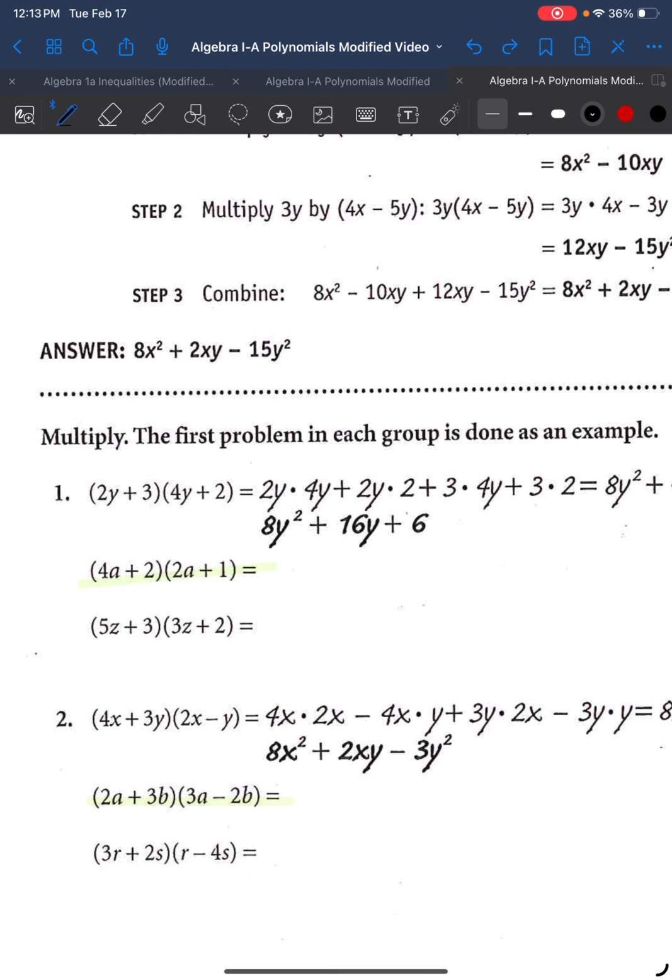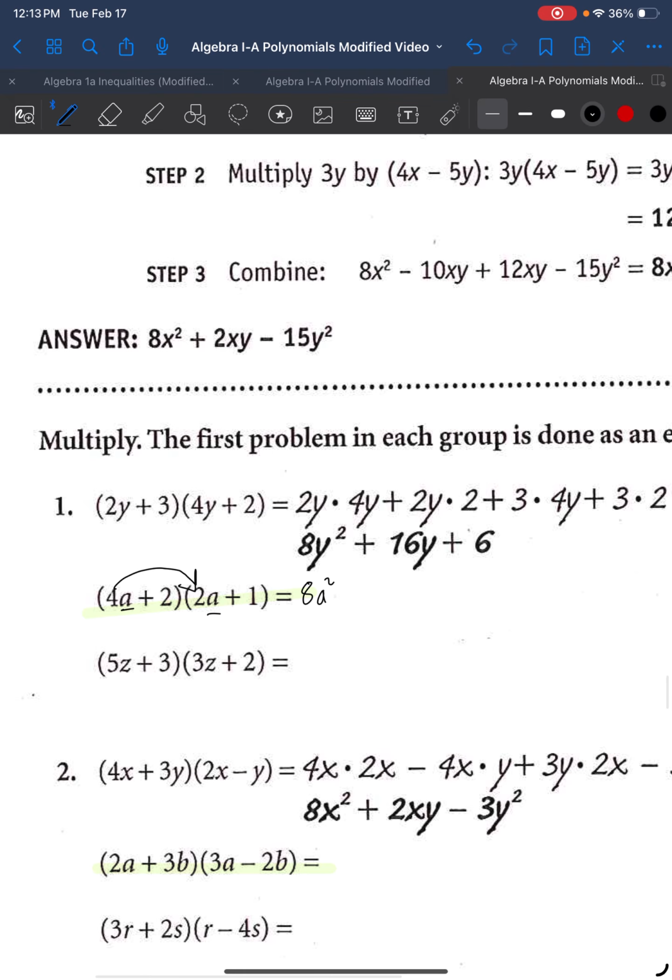We're just going to take it one step at a time. 4a times 2a. Well, 4 times 2 is 8, and then a times a is a squared. Now I have to multiply 4a times 1. 4a times 1 is just 4a.